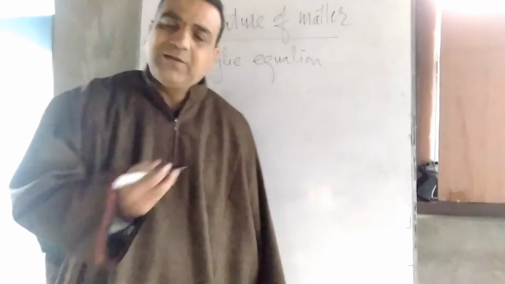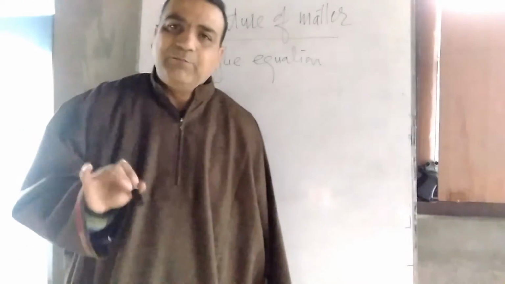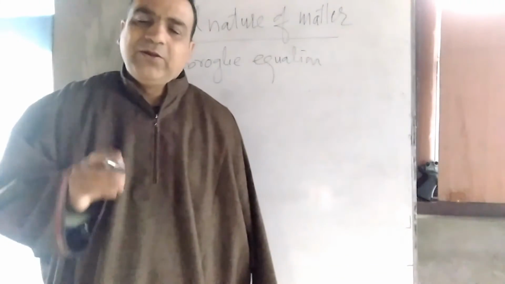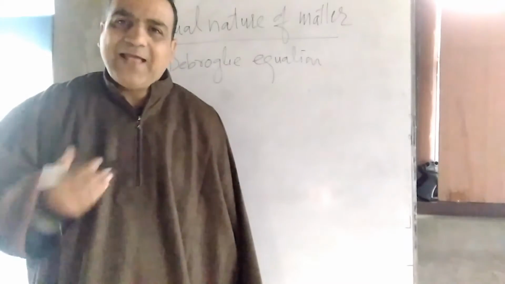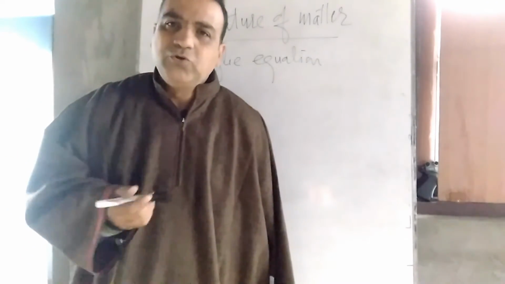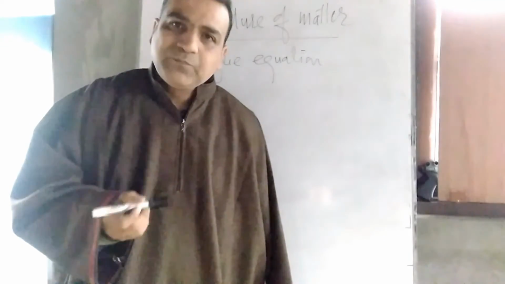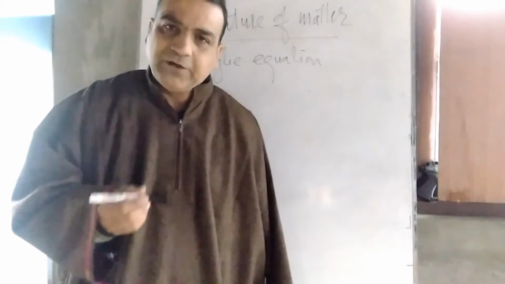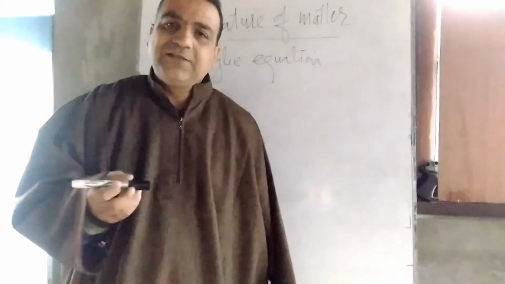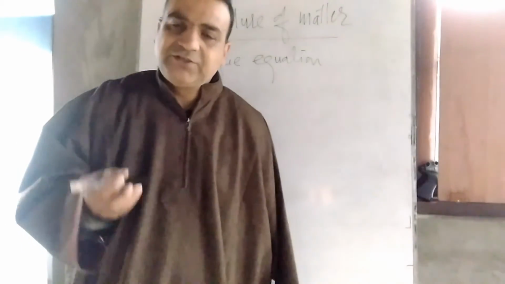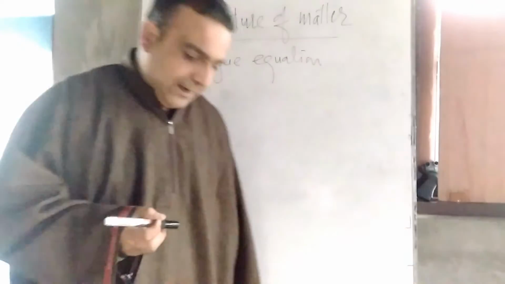The material particles here are microscopic particles like electrons, protons, atoms, molecules, neutrons. So these material particles should also have the dual nature. This is what was suggested by Louis de Broglie.